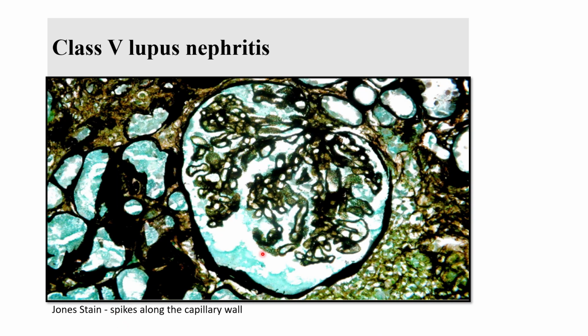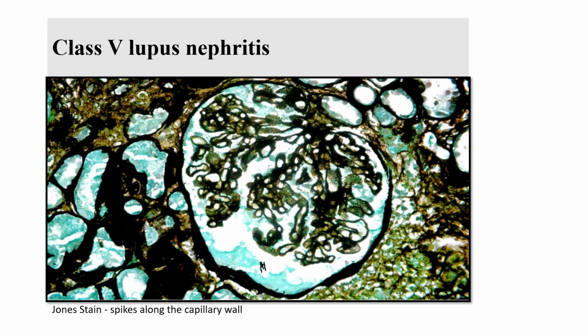On Jones methenamine silver stain, we can see the spikes along the capillary wall. If you can appreciate these small spikes, thread-like areas coming from the capillaries. Like this is the capillary, and there are threads like this. These are the spikes.